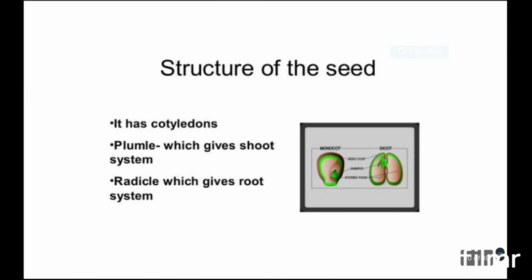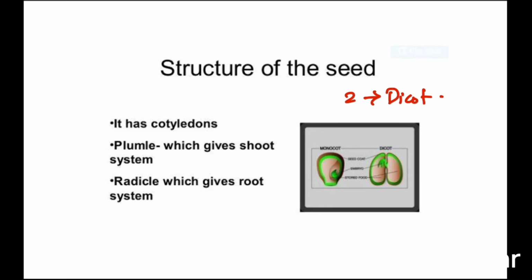And what is the structure of the seed, that also you have to understand. Once seed formation takes place, whether it is monocot or dicot, there is a slight difference, but if the seed contains two cotyledons, then it is called a dicot. Cotyledons are the early seedlings.